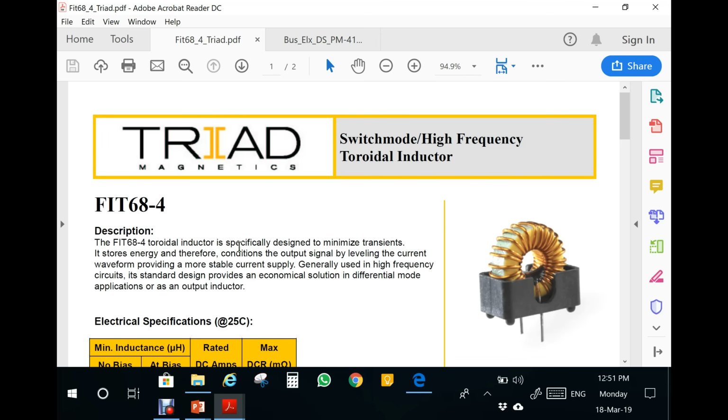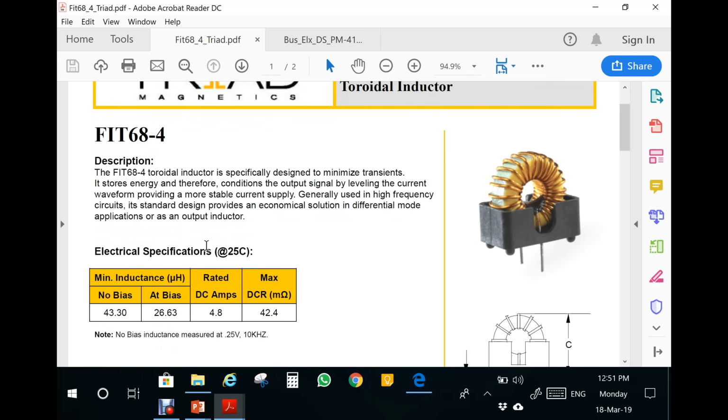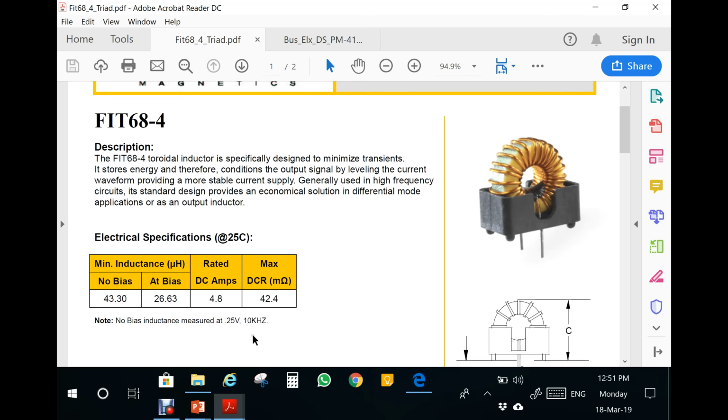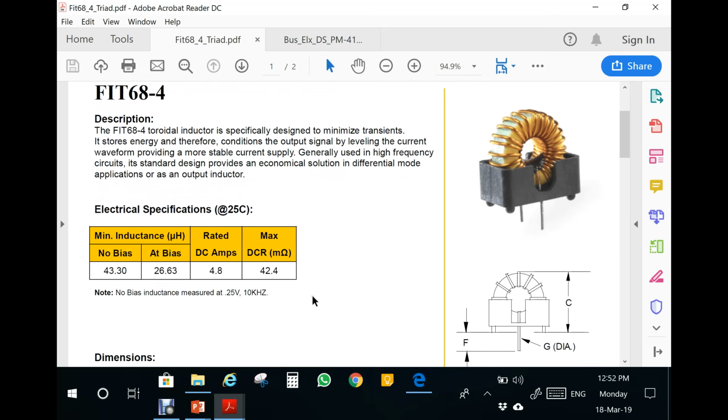And what we see here is that for this particular element, the information given is the inductance at the bias, I guess it is the DC amp, the rated amp, and then the max of DCR, that is the resistance, 42 milliohms. This is DC only.